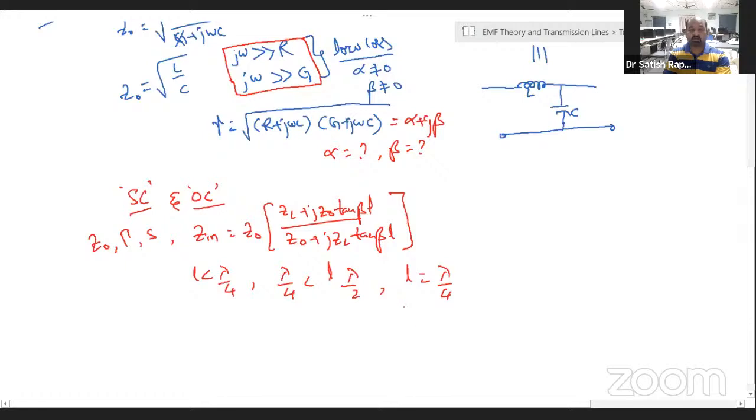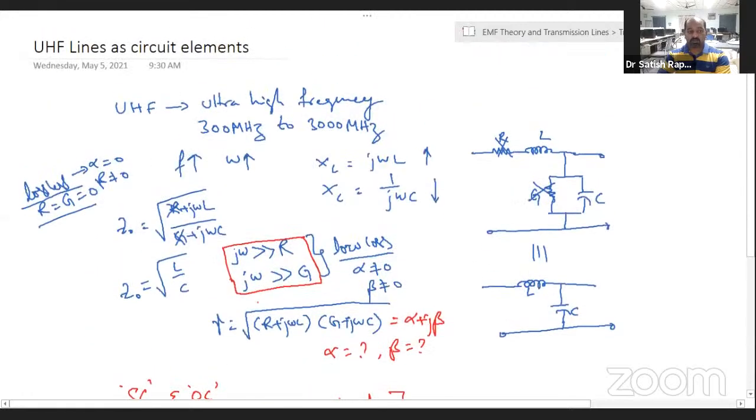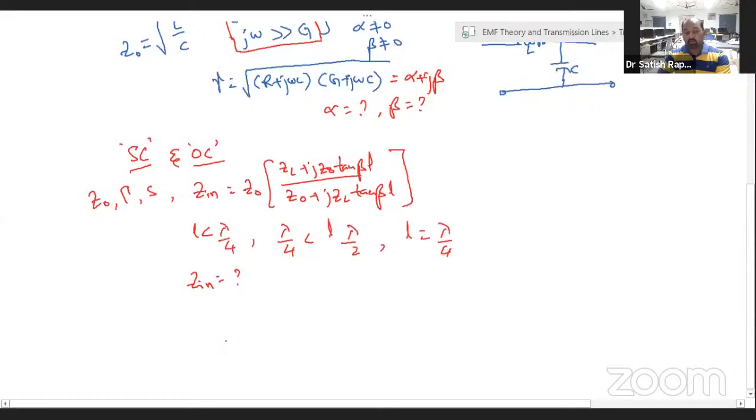Let us consider different lengths of transmission line and see what the input impedance is at ultra high frequencies. You just remember the short circuited and open circuited transmission lines which I have discussed earlier.